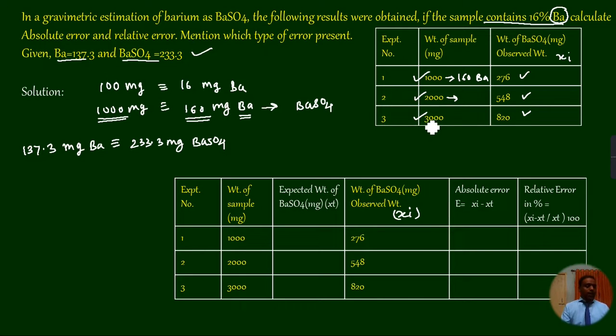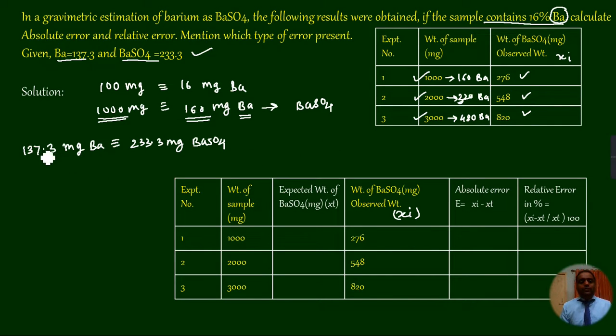For the next sample we will have double, 320 milligrams of barium, and for this we would have 3 times, that is definitely 480 milligrams of barium. So this value we have to convert into barium sulfate.